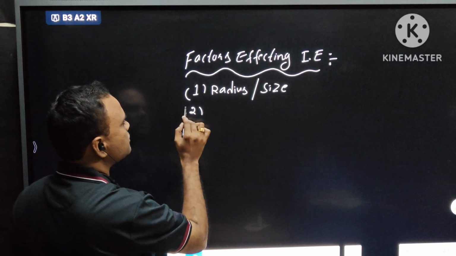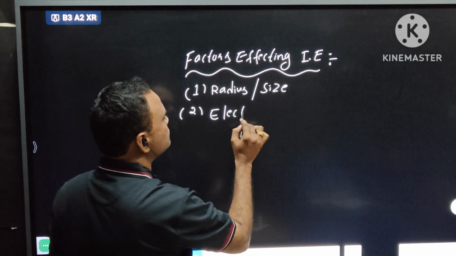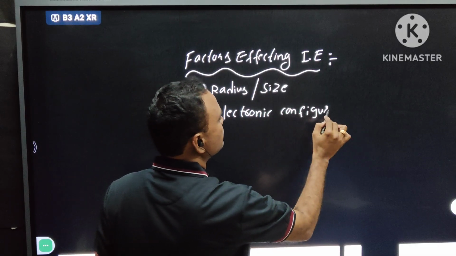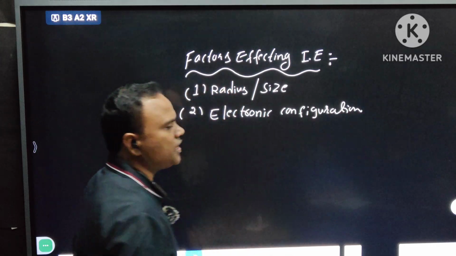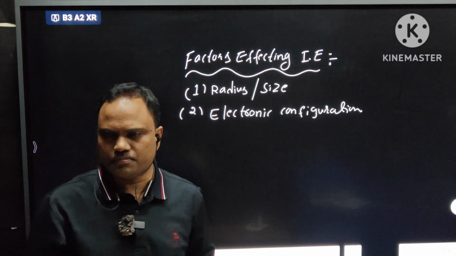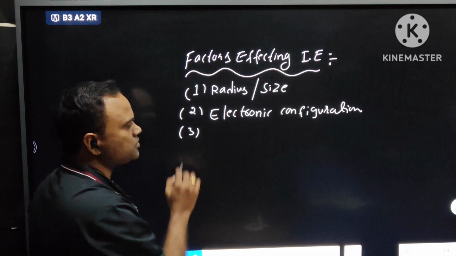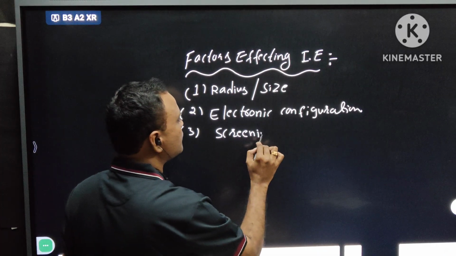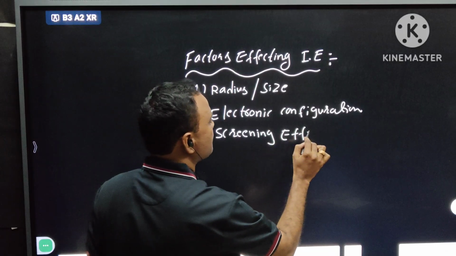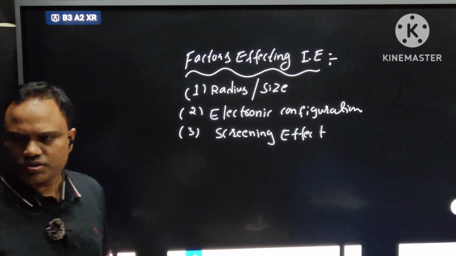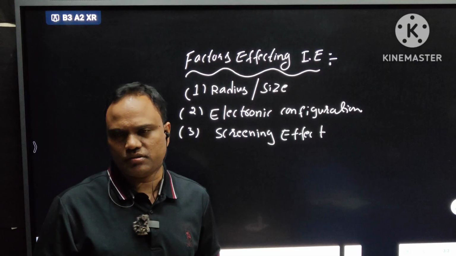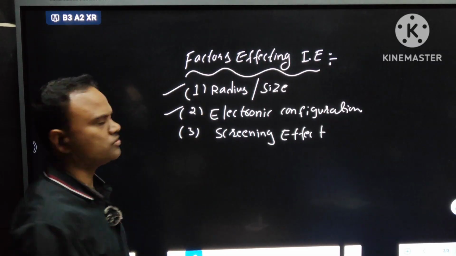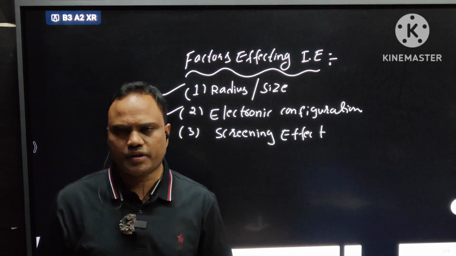Second important factor, electronic configuration, because we mostly use these two factors. There are other factors also, but we do not discuss them. Another factor is screening effect, also called shielding effect. But we will discuss the first two, which are very important.